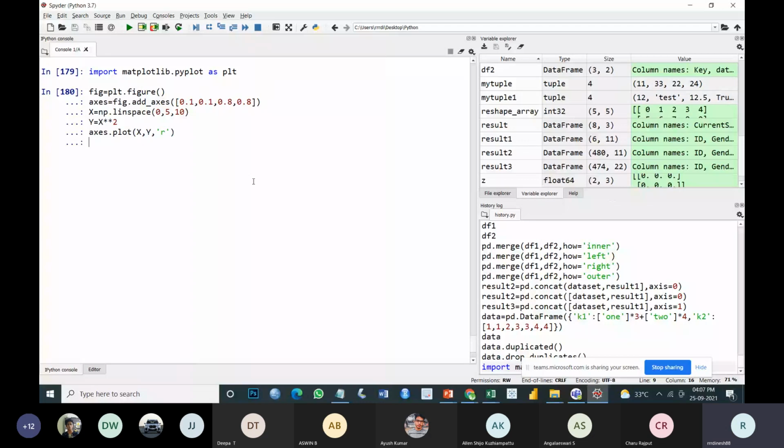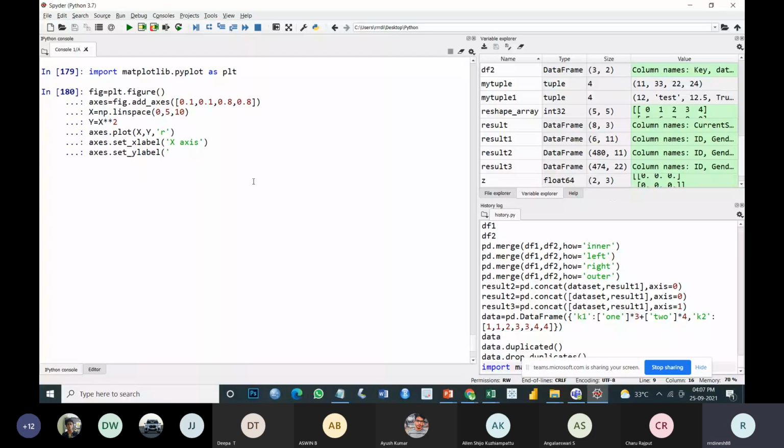Then axes.set_xlabel. The x label is for the x axis. And give the y axis, axes.set_ylabel, then the y axis.